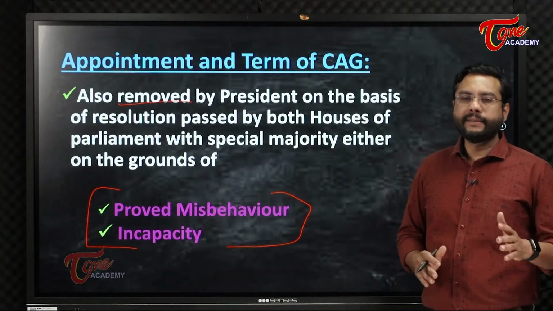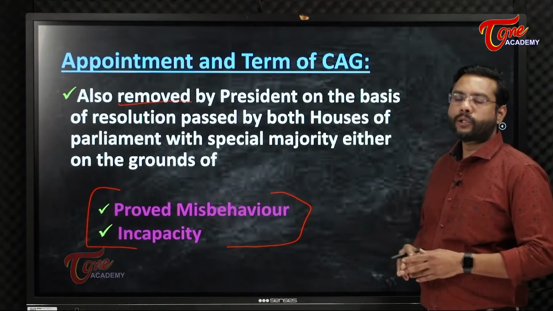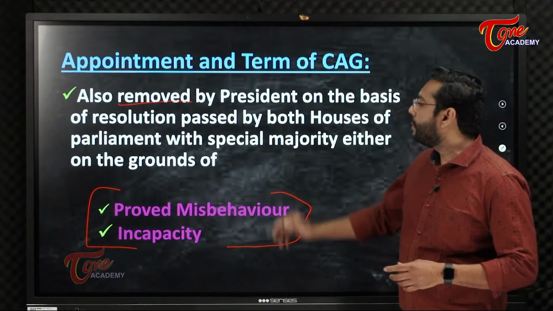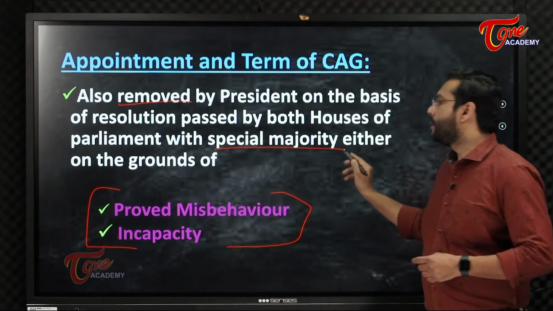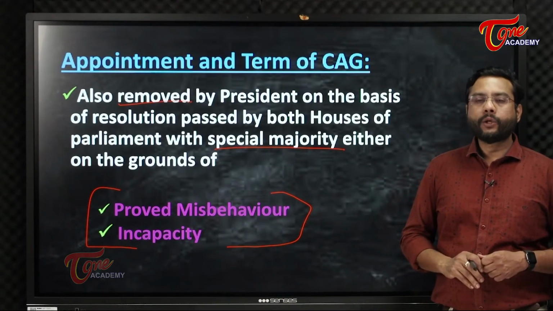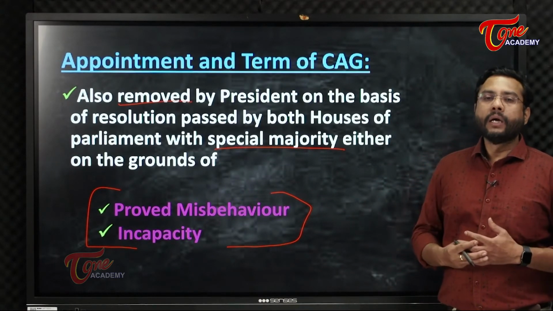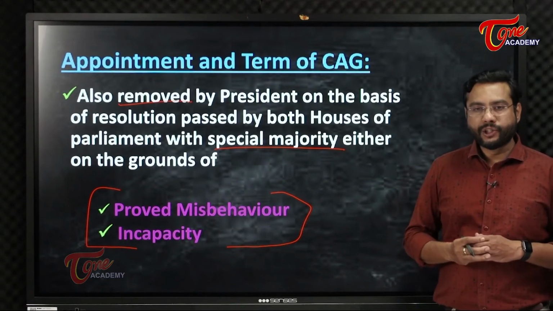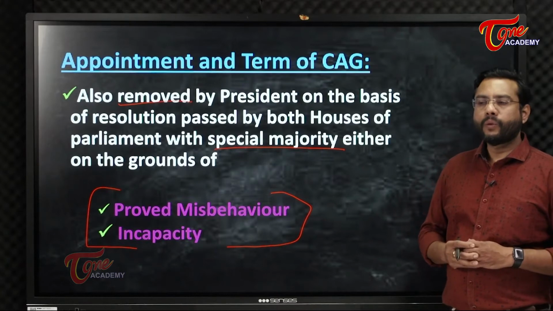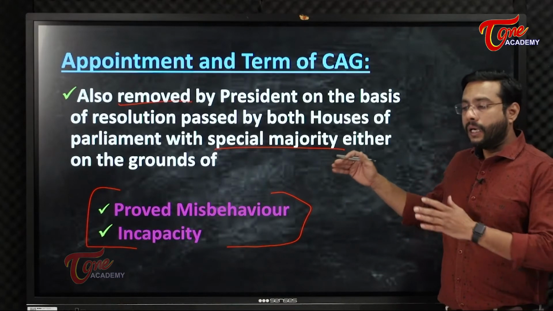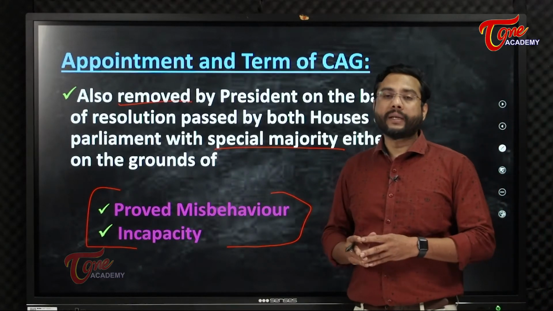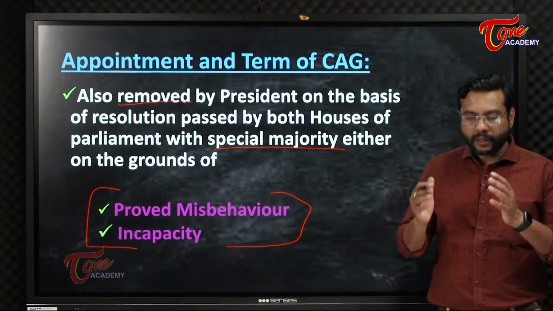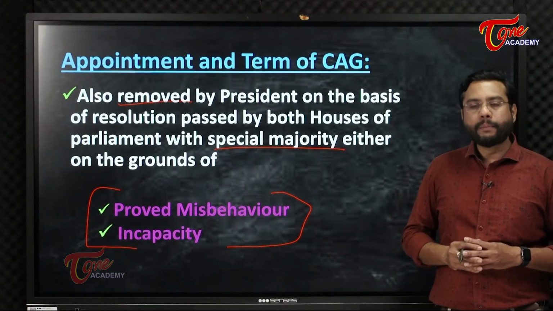It's not that easy to remove constitutional authorities, because it's not by simple majority, it's by special majority. As we know, getting 2/3 of the majority in passing such a resolution is generally a tedious process. So we generally expect that removal of the CAG is not easy. It has to have a large majority in the parliament.